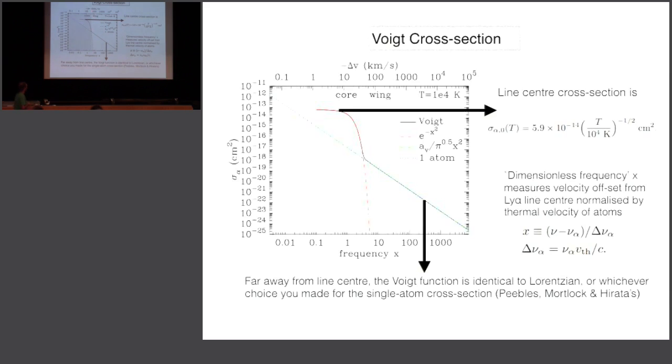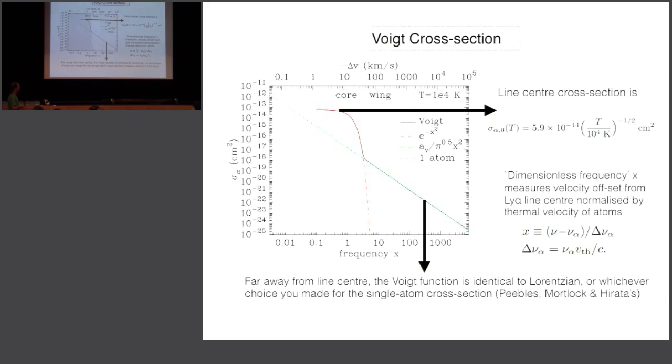This is just to show you the cross-section as a function of velocity offset from line center on the y-axis, right? So 10 kilometers per second, 100, 1,000. This is for gas at 10 to the 4 Kelvin. I'm showing a number of cross-sections: this will be a Gaussian, this will be the Lorentzian, this straight line, right? And the Voigt would be overplotted here.